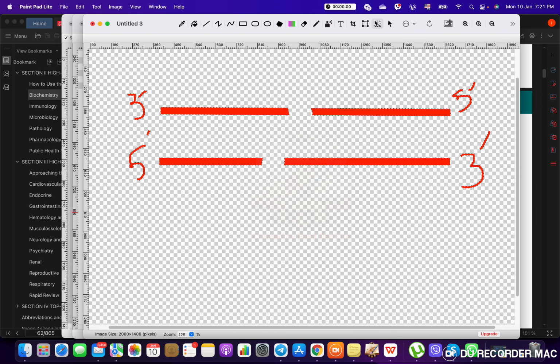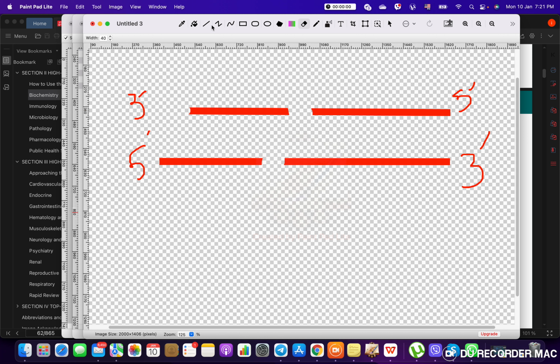Basically, this one will be pulled out and attached here, and this one will be pulled out and attached here, which leads to something like this.